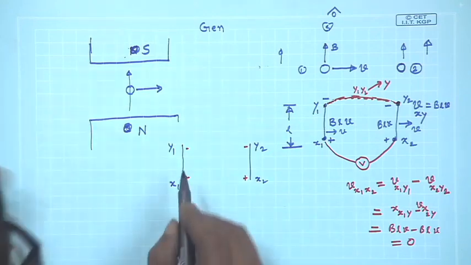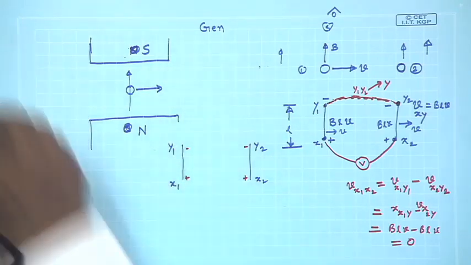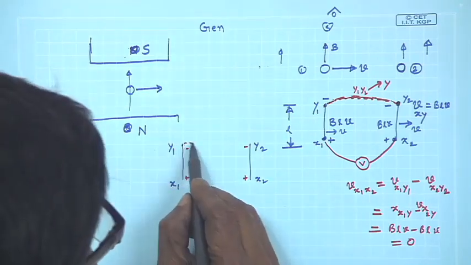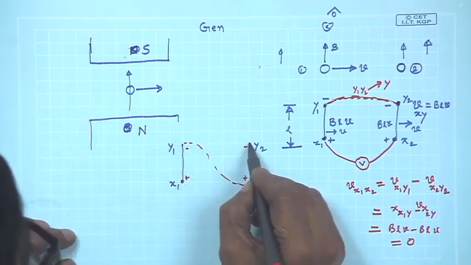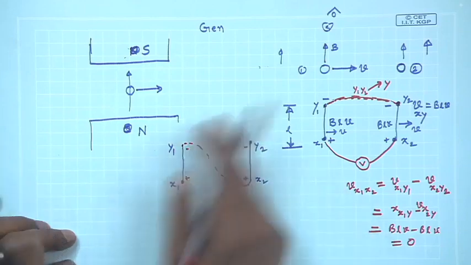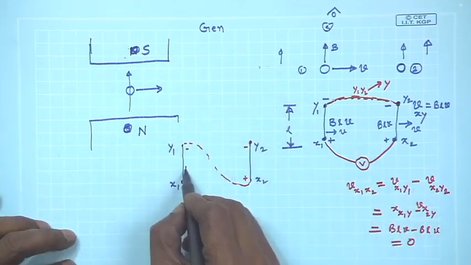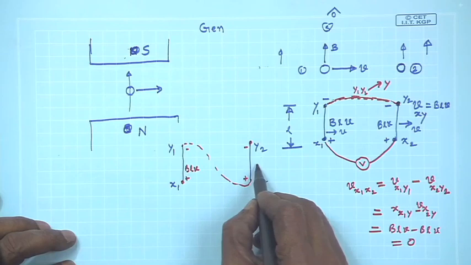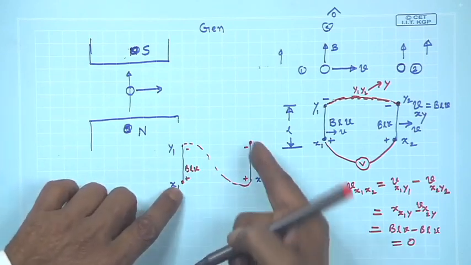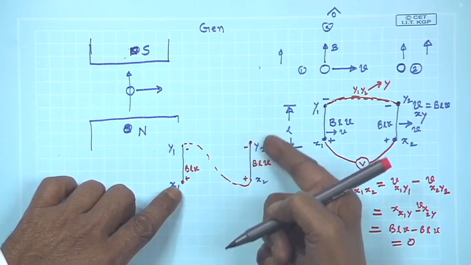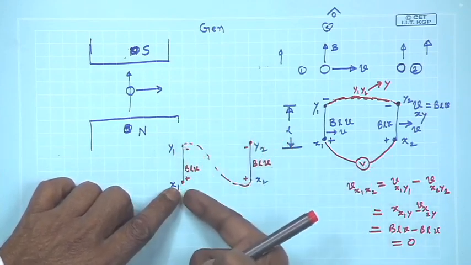So, if I took a piece of wire and connected this end, then the voltage between x1 and y2 would have been doubled. That is BLV, and this is also BLV. With the polarity, potential of x1 with respect to y2 will be BLV plus BLV.